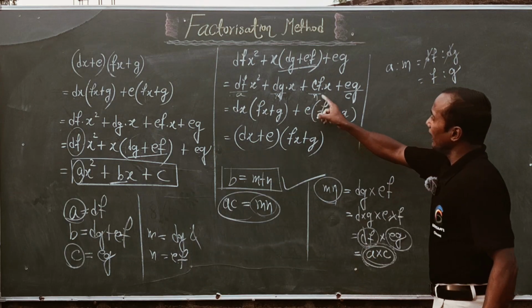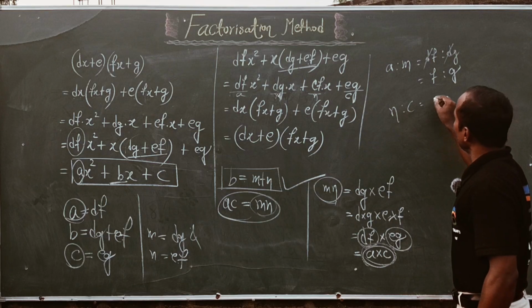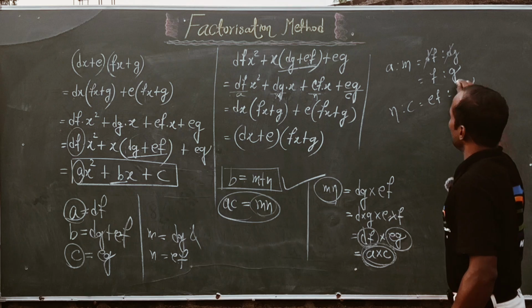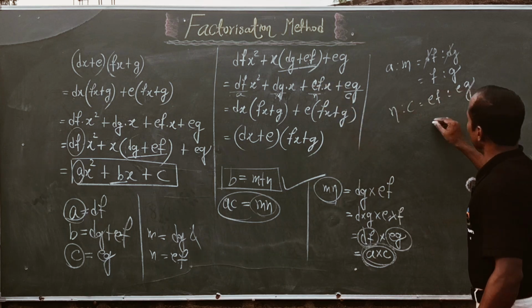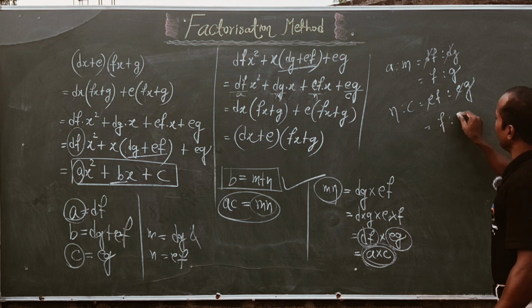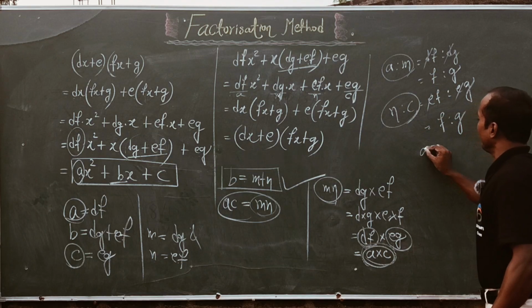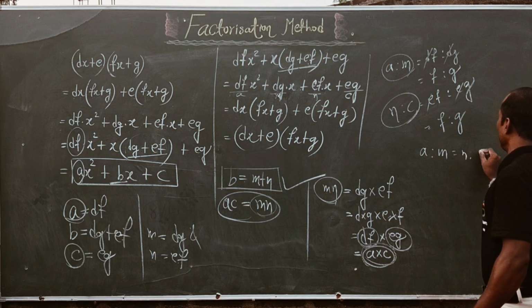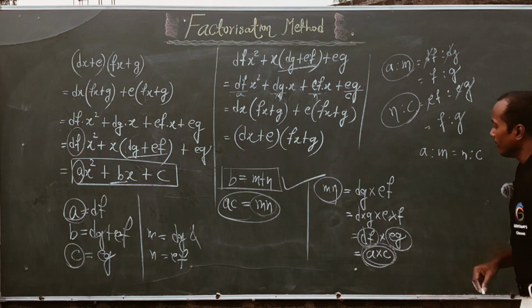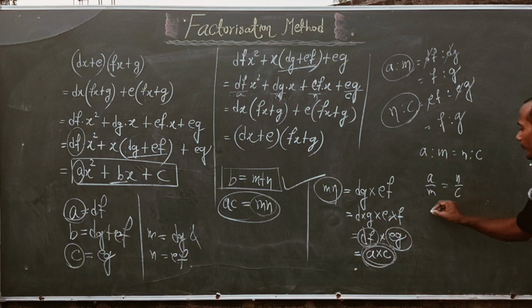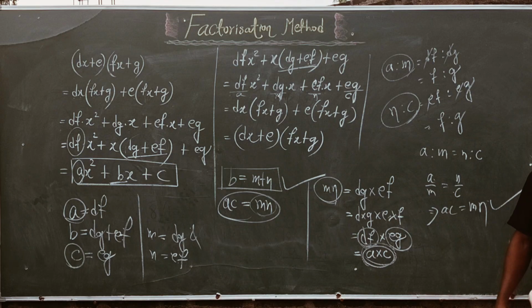Now when you check for n is to c, this gives you ef is to eg. e gets cancelled, you are left with f is to g, which means that a is to m is equal to n is to c. That means a by m is equal to n by c. That means a into c equals m into n. This is how we can also verify.